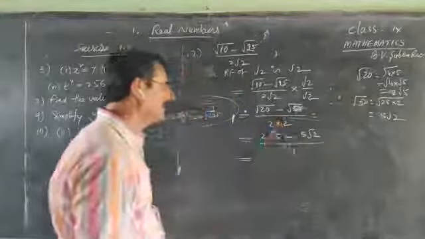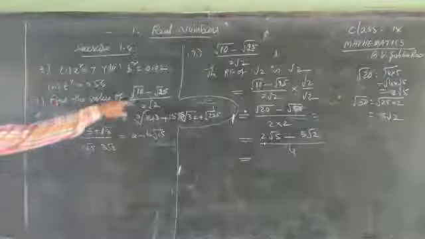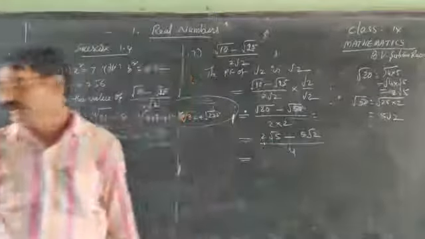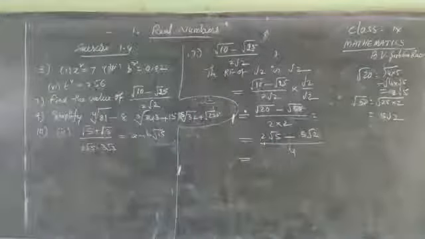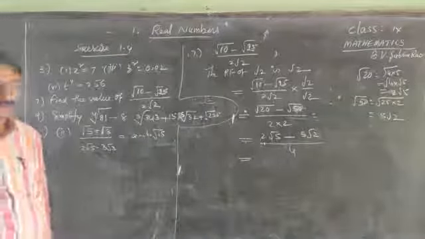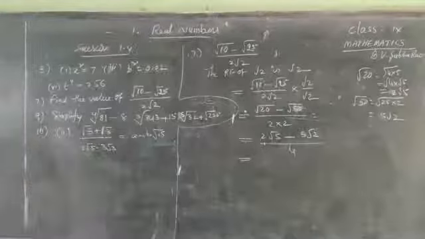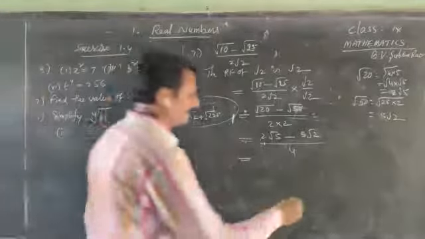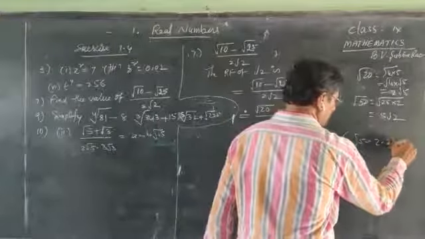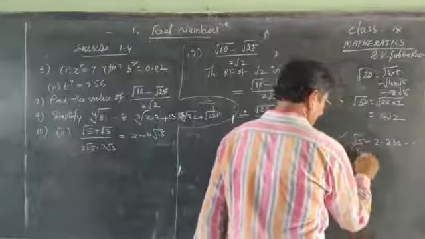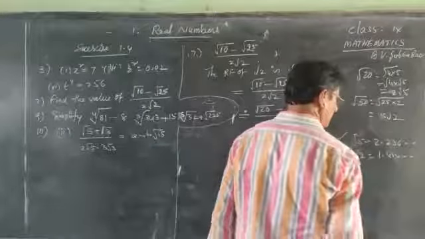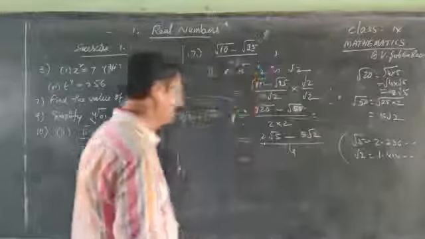Now, how to find the value of this one? With the help of root 5 and root 2. We know the root 5 and root 2 values, which we found before. Root 5 is 2.236 and so on. Root 2 value is 1.414 and so on. Already we found them before.